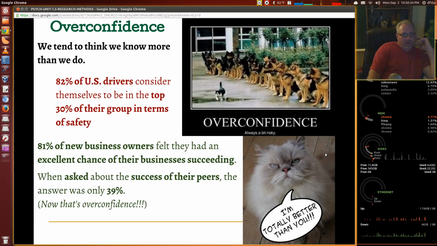Overconfidence is a big part of this. We tend to think we know more than we do, and everybody's like this. Some of the statistics are interesting. 82% of U.S. drivers consider themselves to be in the top 30% of their group in terms of safety. Those numbers don't match because that's not possible, but people still all think they're excellent drivers. 81% of new business owners felt that they had an excellent chance of surviving their business, succeeding, and thriving.